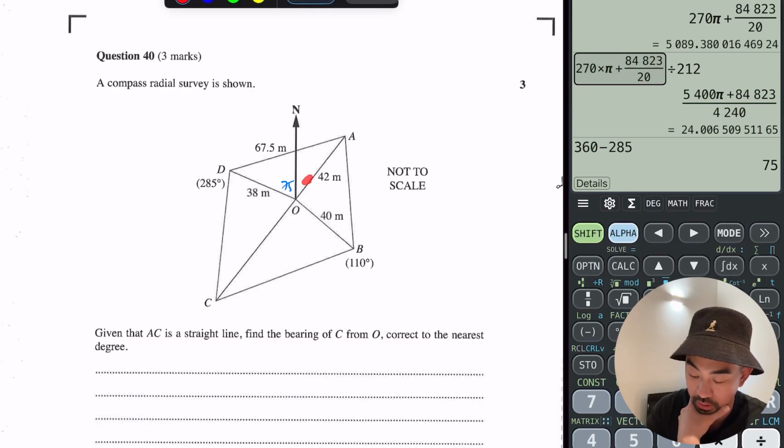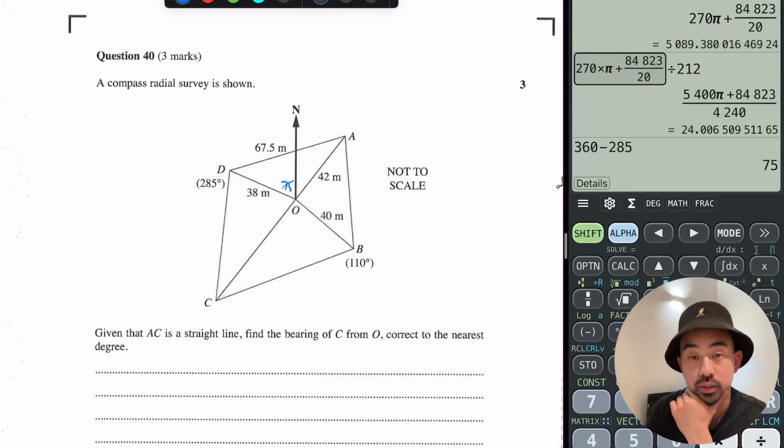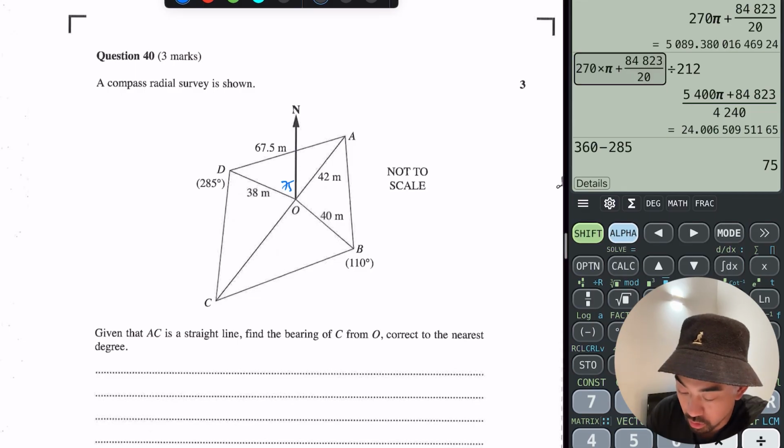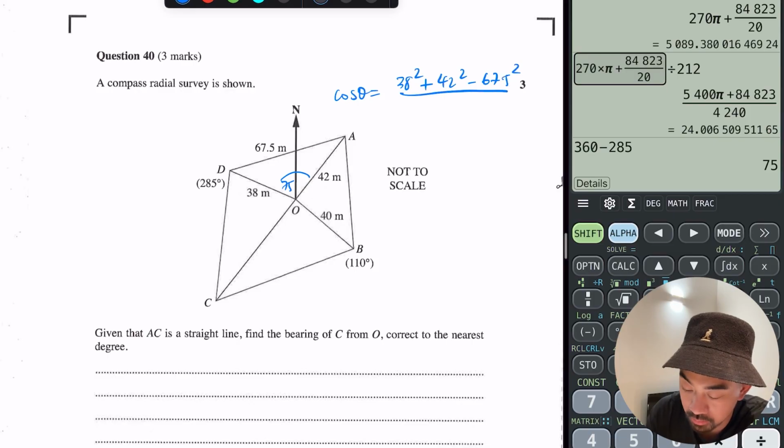I don't know that angle. So let's work this out because I've got 3 sides. Let's call this theta. So cos theta, it's cosine rule by the way, is 67.5 squared. Oh no, sorry, it's not. It is 38 squared plus 42 squared minus 67.5 squared, all over 2 times 38 times 42.